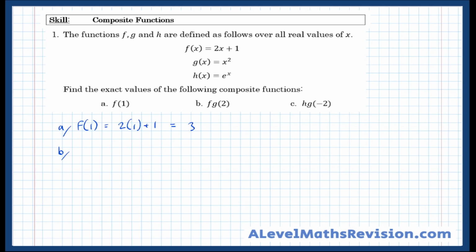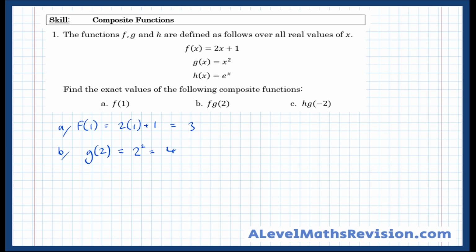So what I do, I think of this as a queue. F and g are queuing up to have a go at 2. So g is first in the queue, so g applies itself to 2 first. So g of 2 equals, we can see that g squares 2, so 2 squared equals 4.